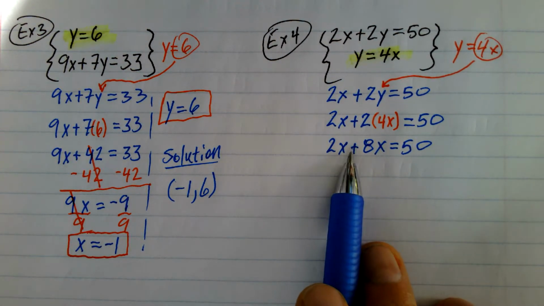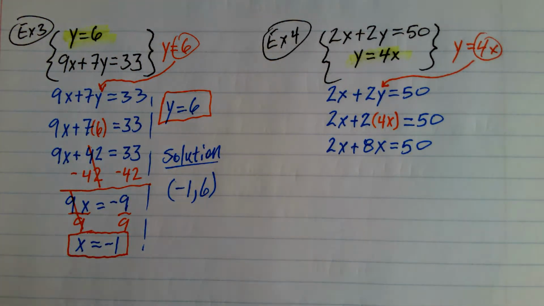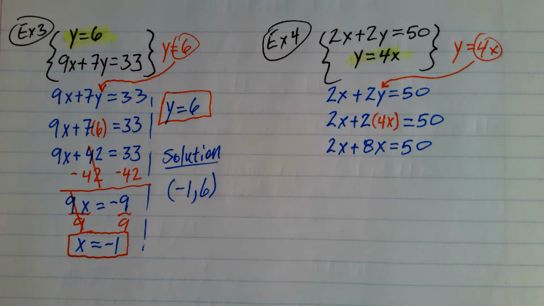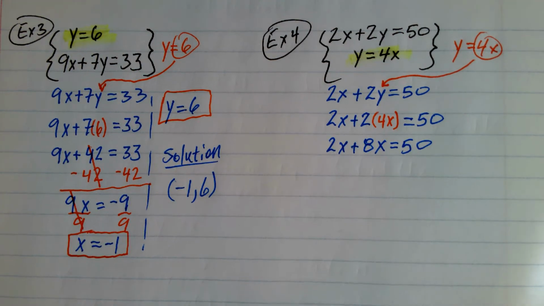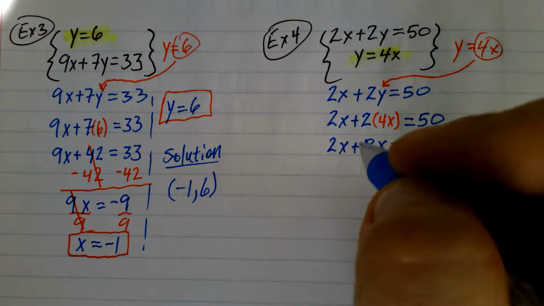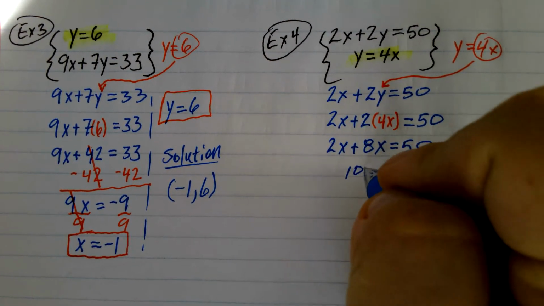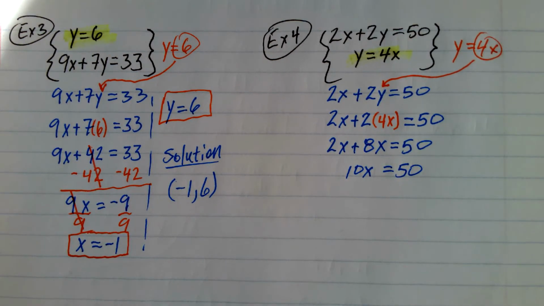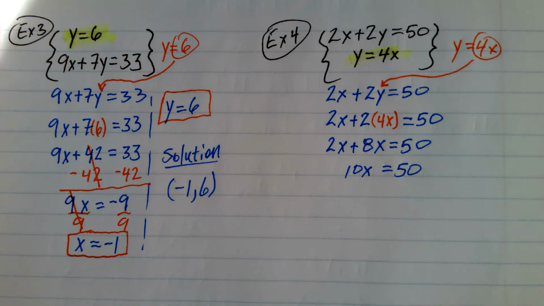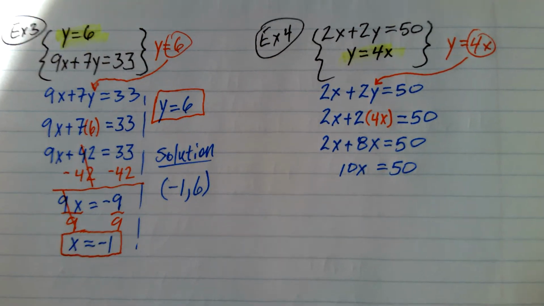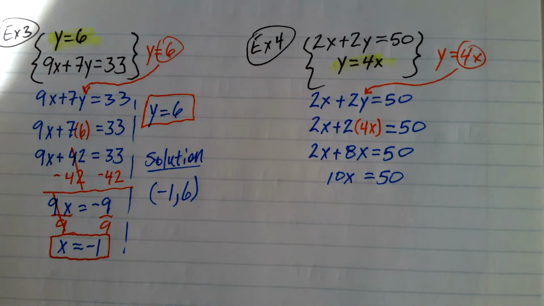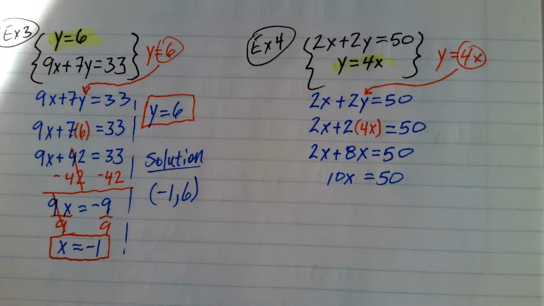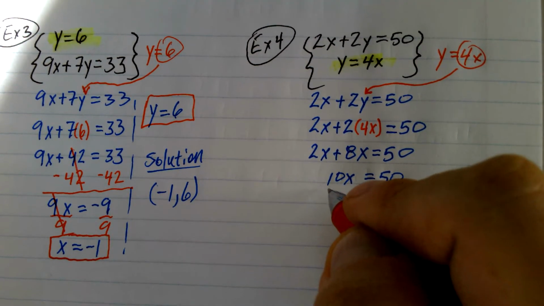I got this now. 2x plus 8x equals 50. Oh, that's easy. Now we combine the like terms. We got like terms, 2x and 8x. Add those up, you get 10. So this is 10x equals 50.